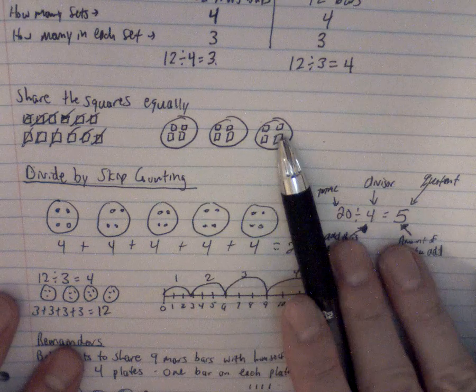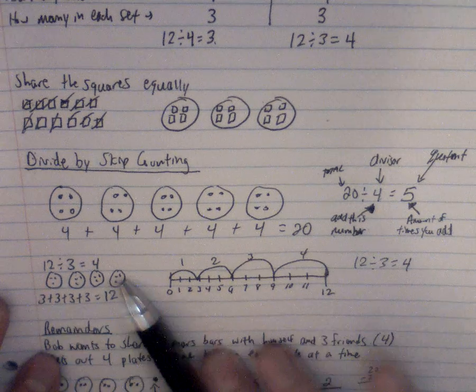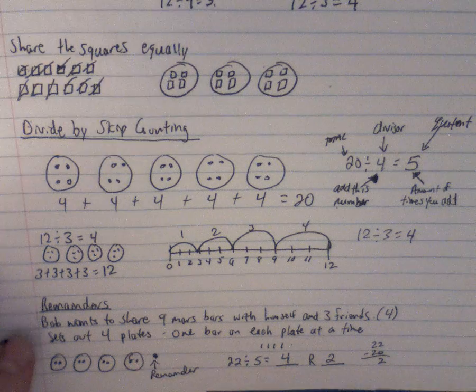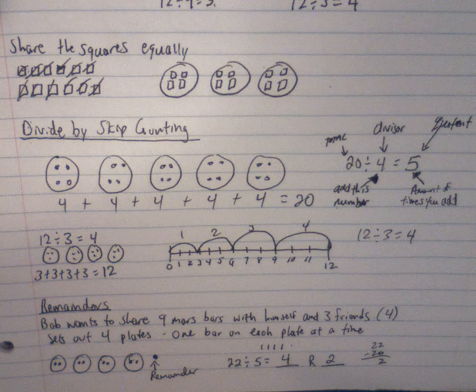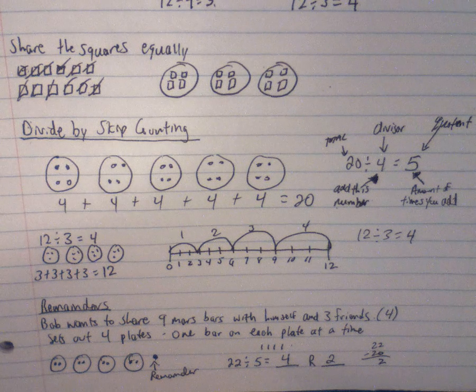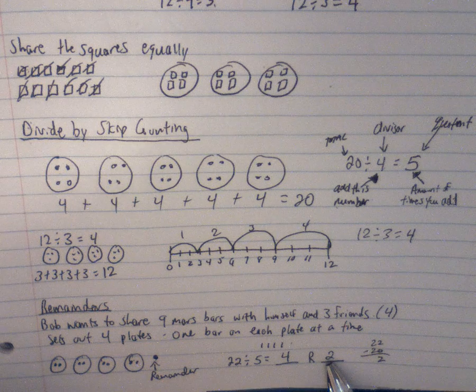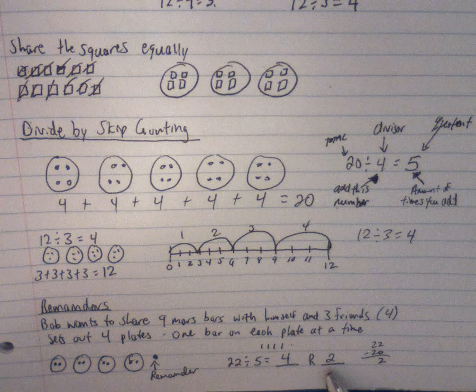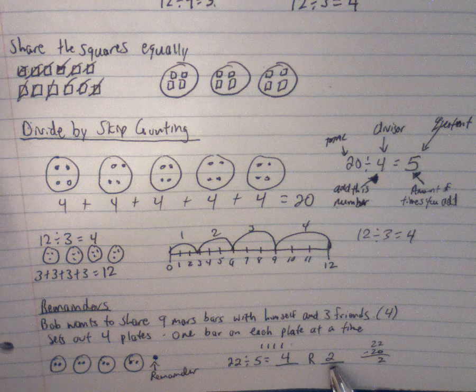With division, it has to be equal amounts in each set. And if you can't, you have a remainder. We do remainders because we're bound to have some left over. That's just the way it works.